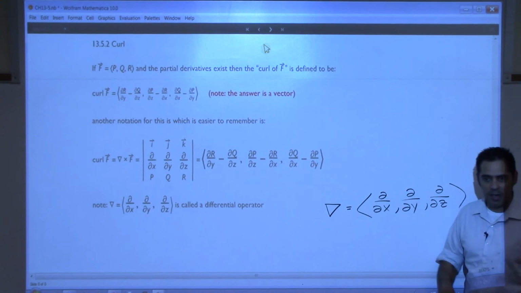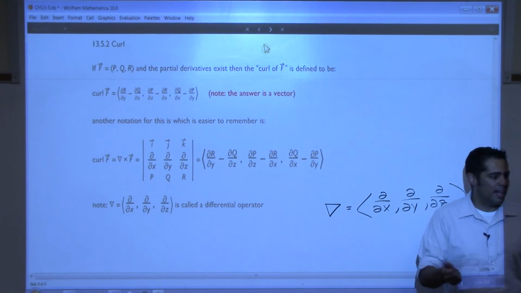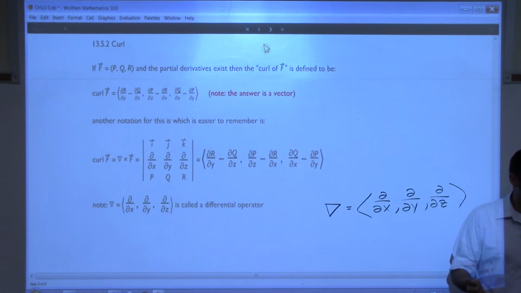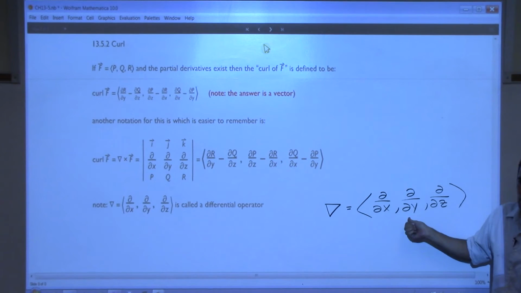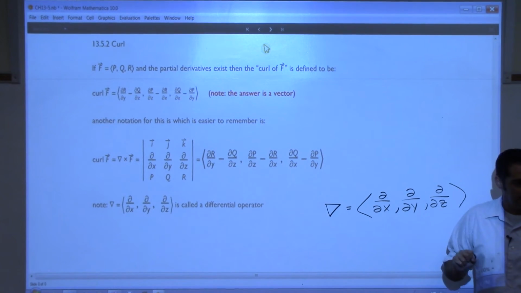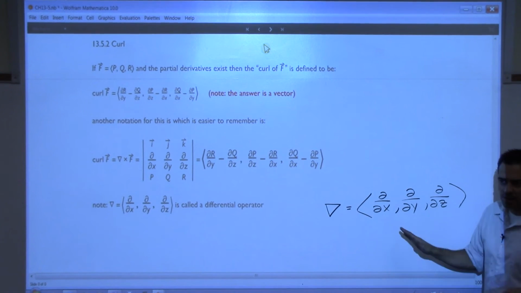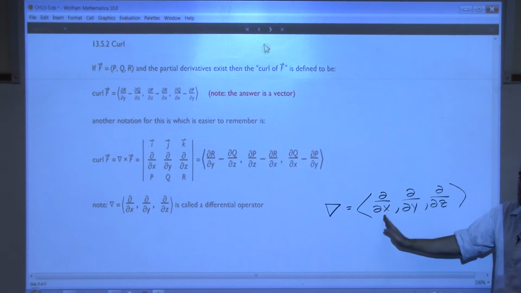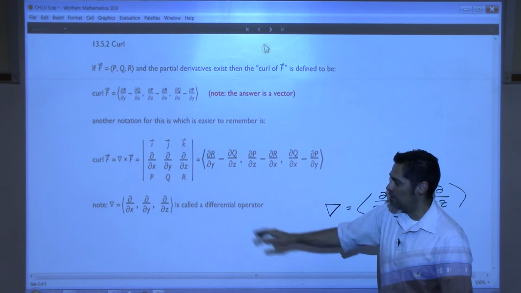It operates on functions. You put this together with a function, and it takes the derivative of it with respect to x. You put this together with the function, it's going to take the derivative of it with respect to y, but it's not true multiplication. Do you see that? It's not like 2, 5, 7, then you just multiply numbers. That's not what's happening. You're operating. This tells you what to do. So this symbol represents the del, which is the differential operator.